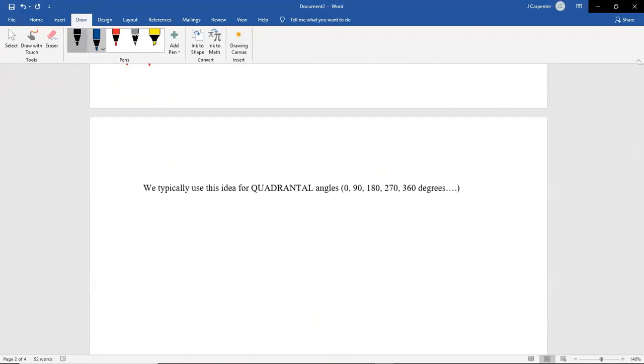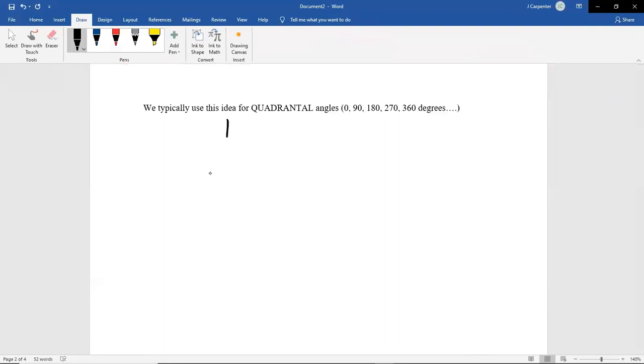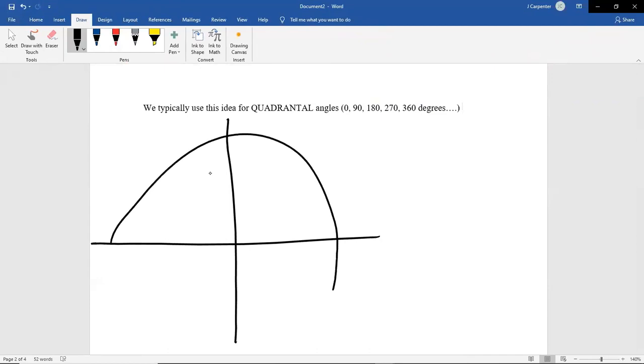So big picture. So here is our unit circle. I forgot that I can't just erase part of something, so I got to start over. Little better.